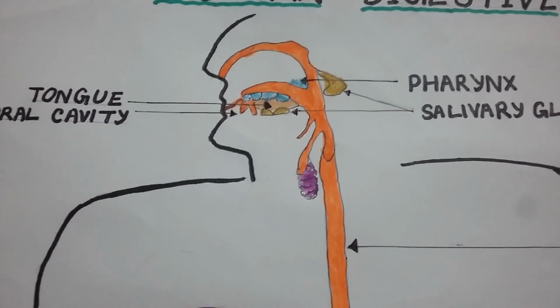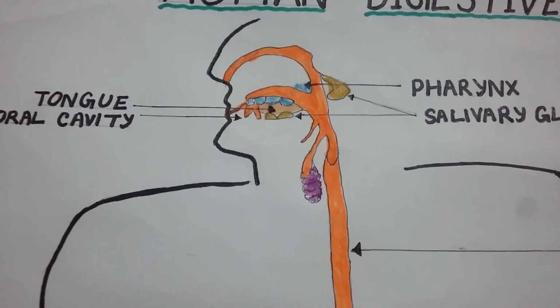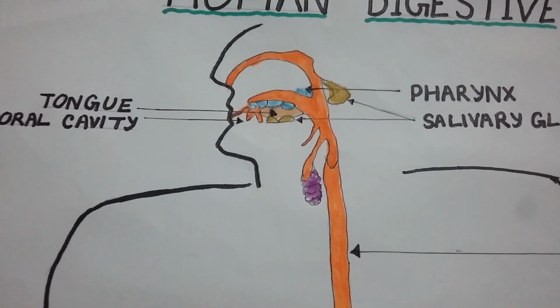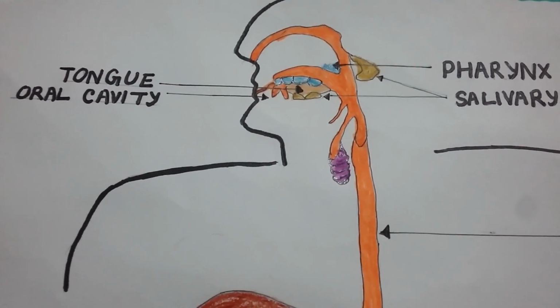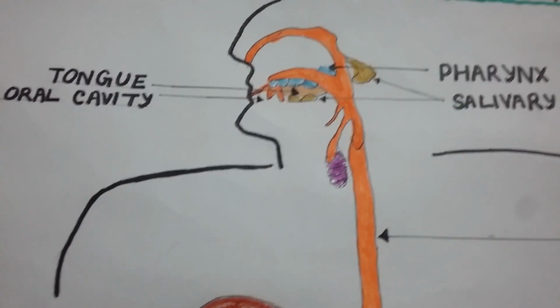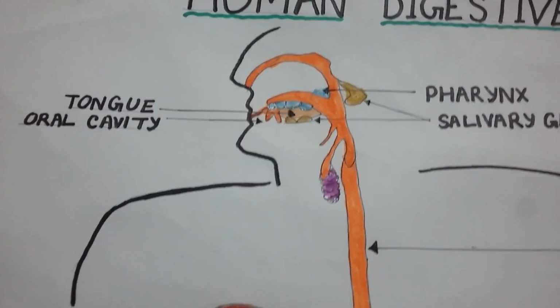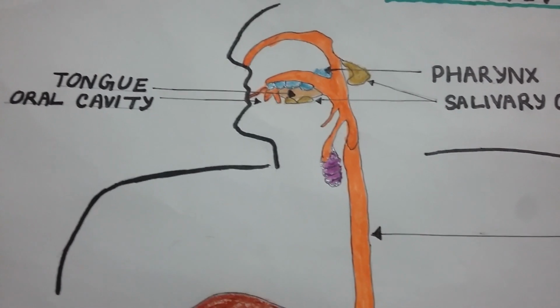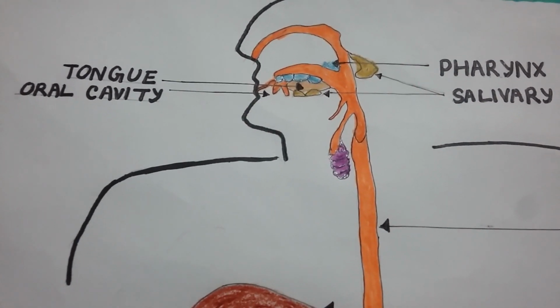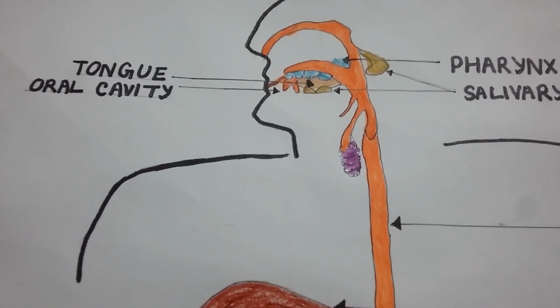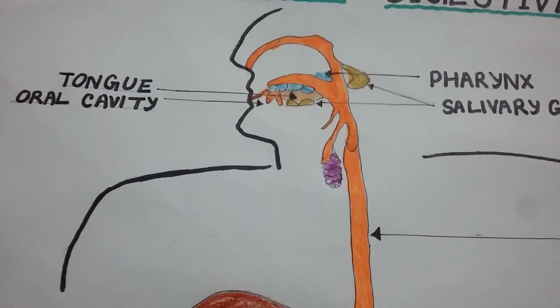It helps in pushing and thus swallowing the food into the food pipe. It helps in getting the different tastes of food. It has several taste buds that can distinguish 4 different types of taste. What are these? Salty, sour, bitter and sweet. And it also helps us to speak.